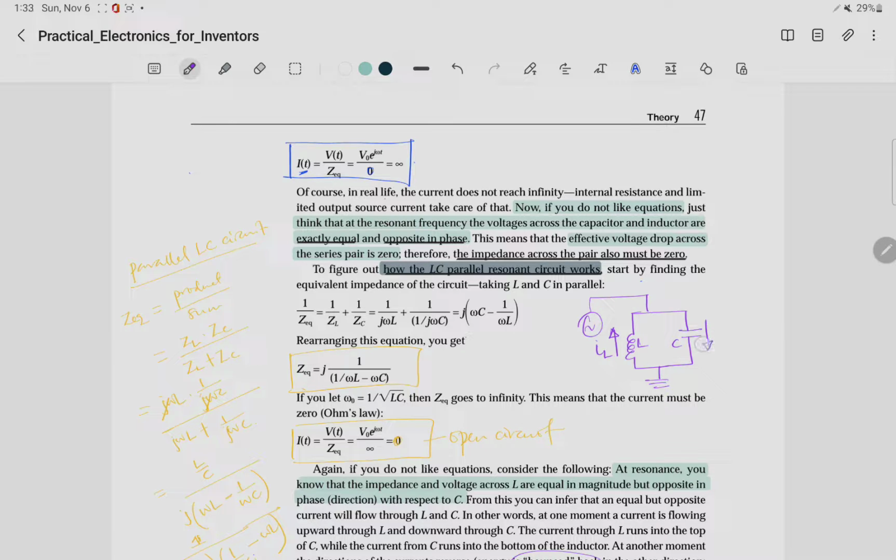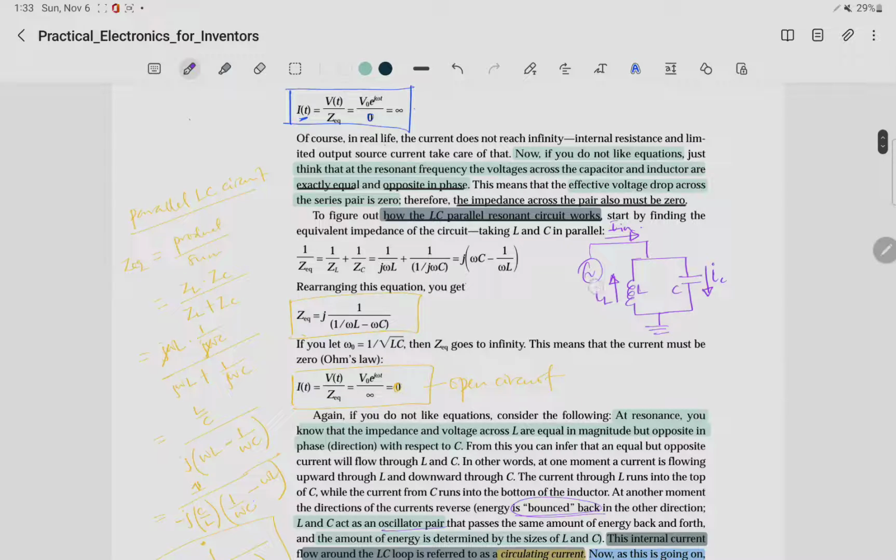Then there will be a current IC here. We shall have a supply current I in here. So at resonant frequency, we shall have a current flowing from this side, from here, this side, and here, this side.